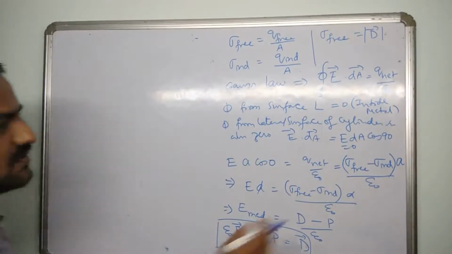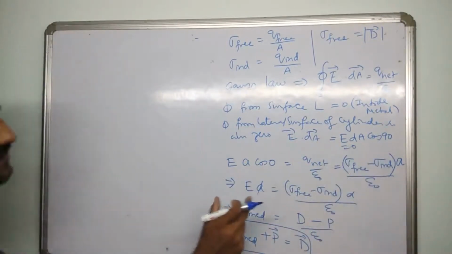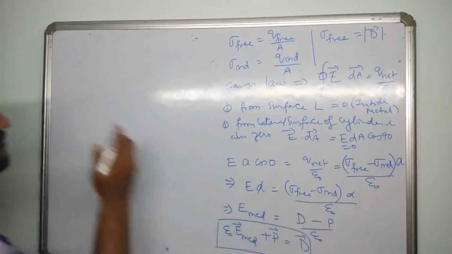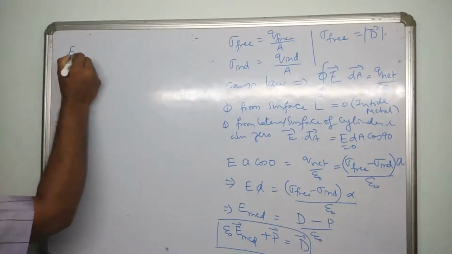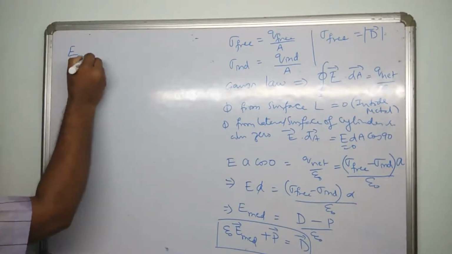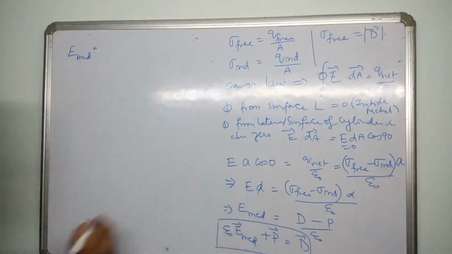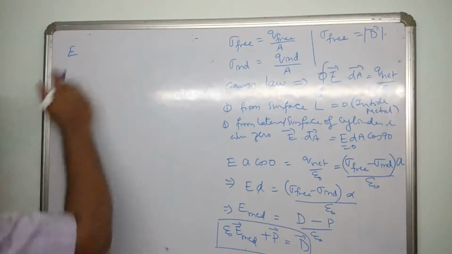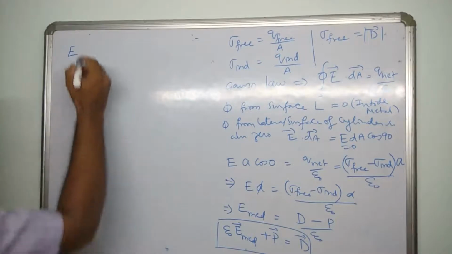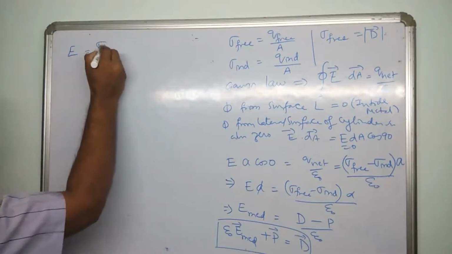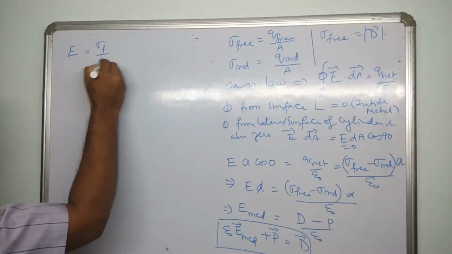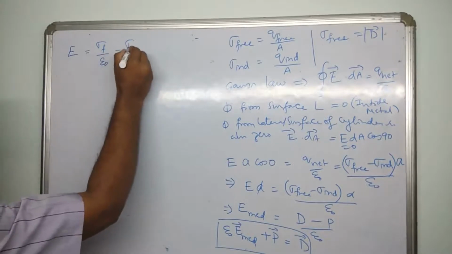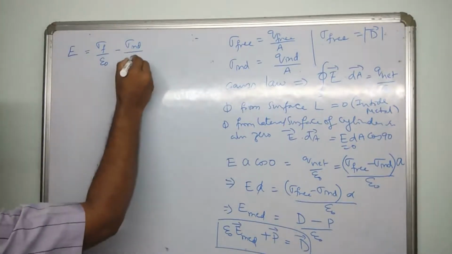So E medium is equal to sigma free by epsilon naught minus sigma induced by epsilon naught.